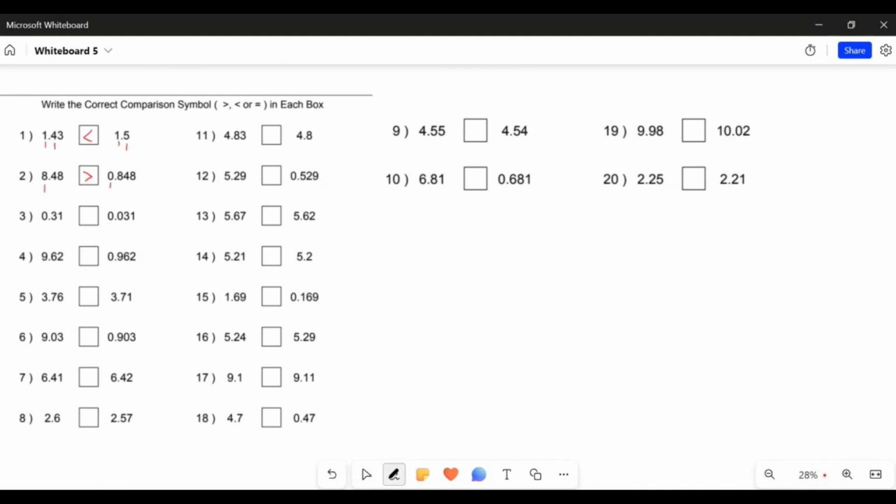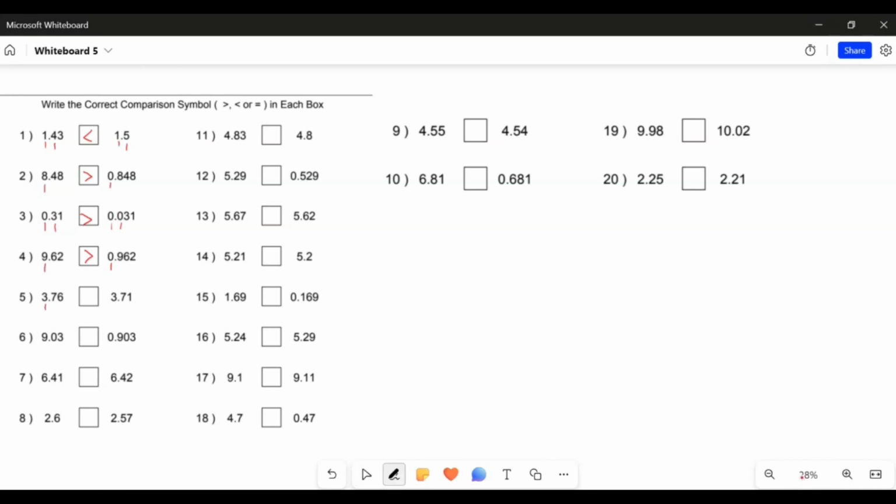All right, on number 3, a 0 in front of the decimal point, same on this side. Then we have our decimal point, then we have a 3, and then we have a 0. 3 is bigger. For number 4, we have a 9 on the left side of the decimal point, and on this one we have a 0. No need to look any further. 9 is bigger than 0.